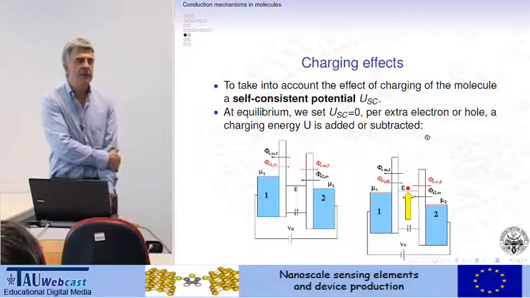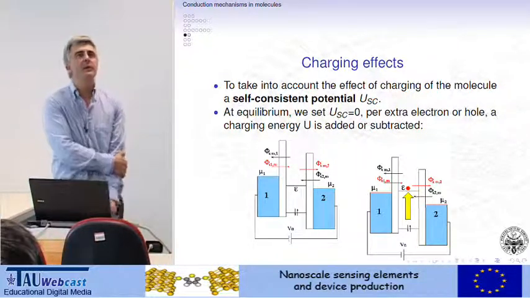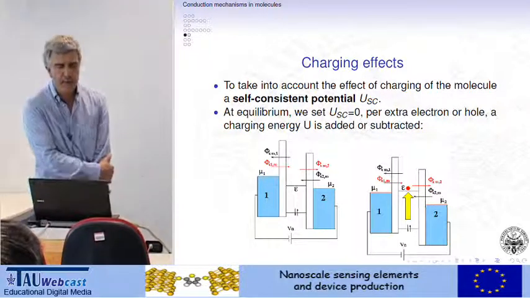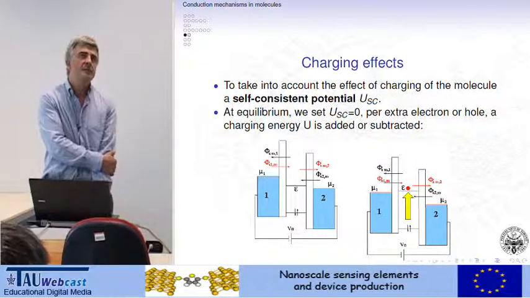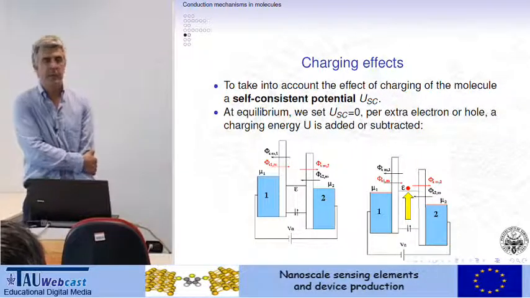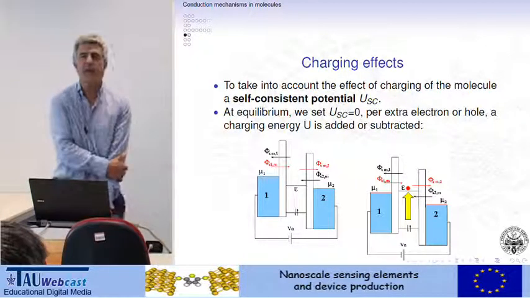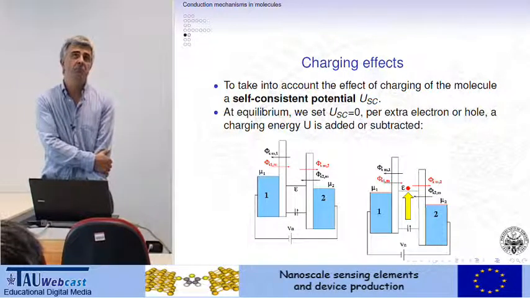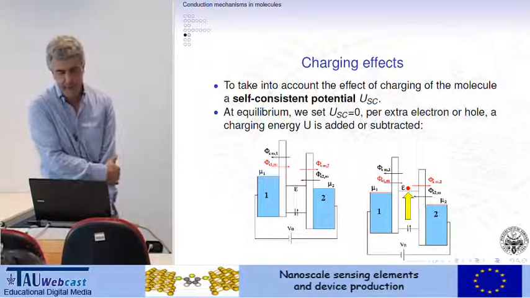Charging effect is an important mechanism in nanosystems, in molecular systems, but is not so relevant in larger systems. In traditional electronics, generally, this kind of effect is not possible to measure.